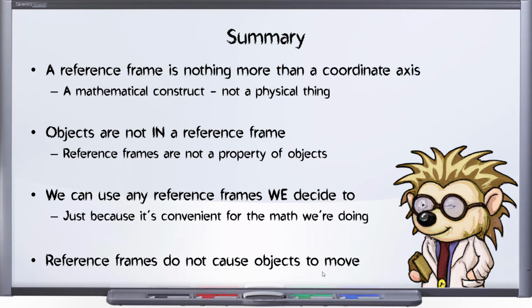We could choose an accelerating reference frame in which we get an acceleration number, but that doesn't physically affect the helicopter. Nobody in that helicopter is going to see what we're doing with the math. Remember, this is just a mathematical construct. A reference frame is just how we choose to describe the position and the velocity of an object. It does not affect the object itself in any way.